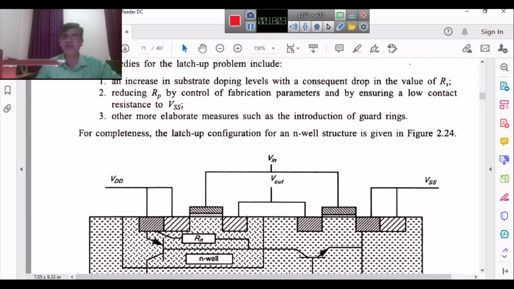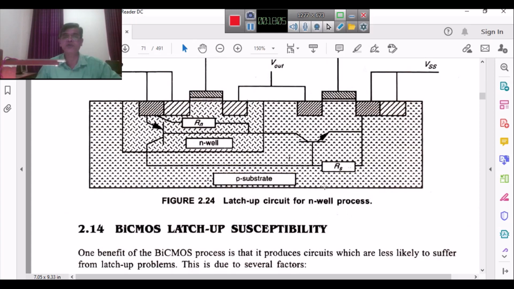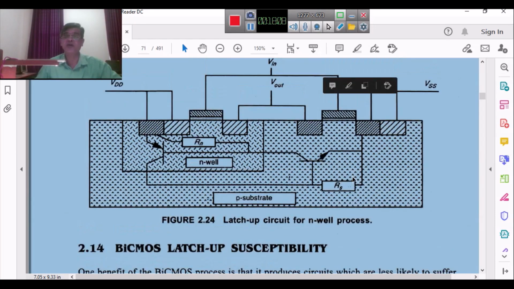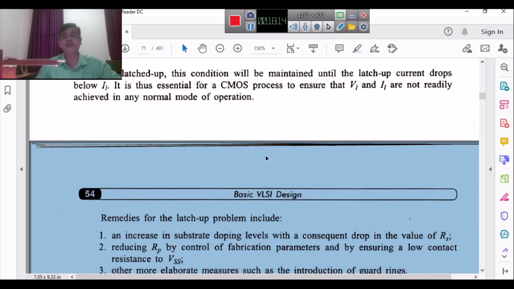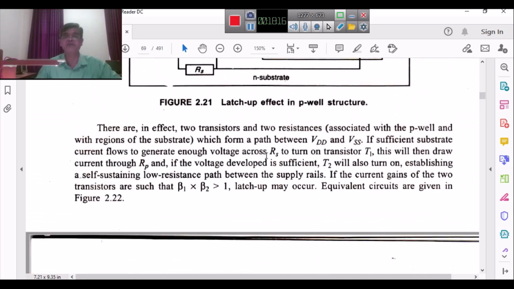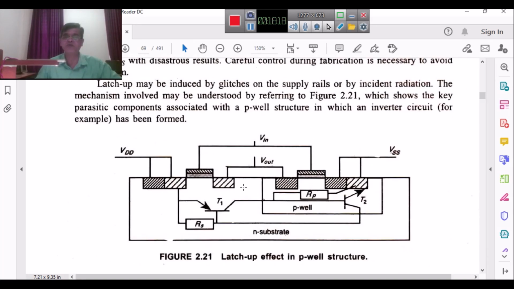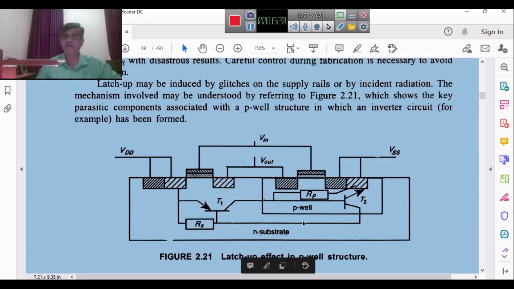It is shown here due to the parasitics. If you are asked to explain for N-well using this model, you should explain. If you are asked to explain using P-well, you should explain. But I clearly explained using the model for P-well.